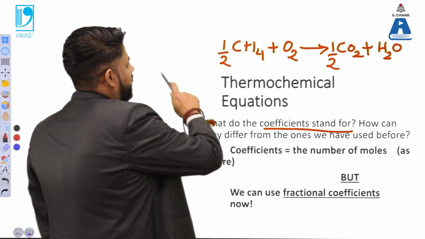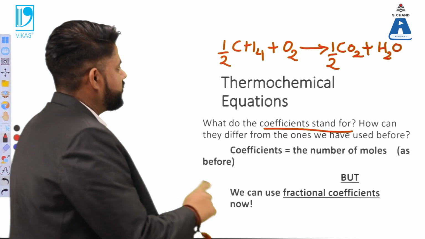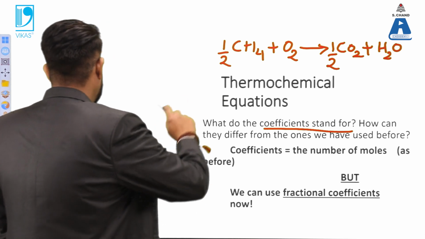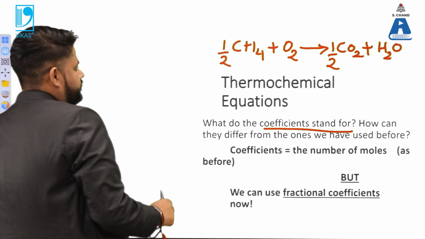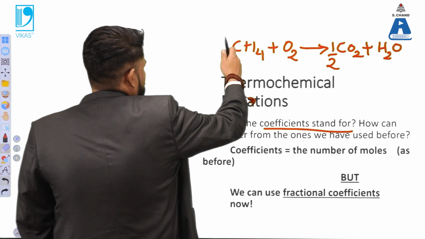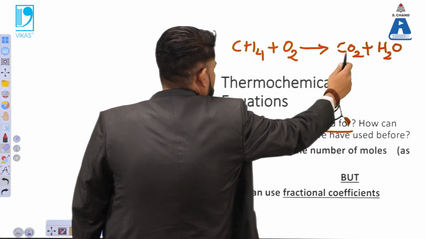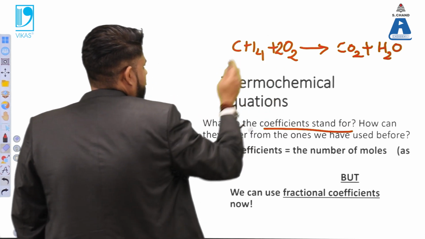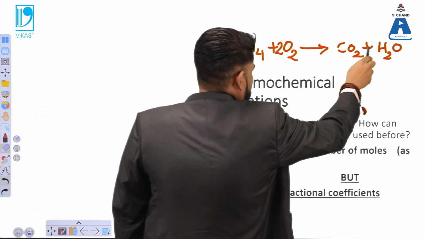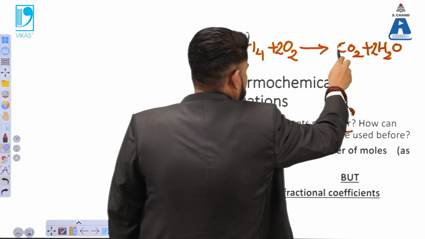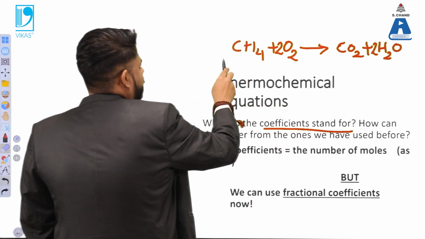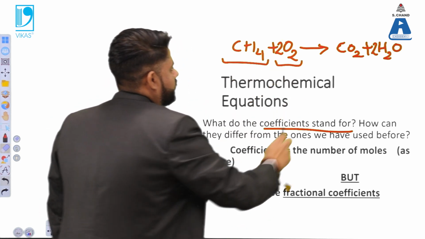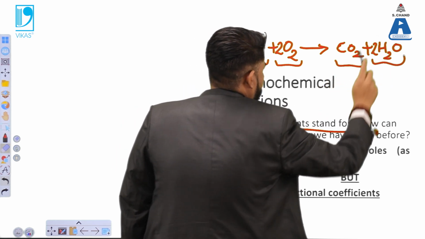Now, if I multiply the entire equation by 2 to remove the fractional value, you will get 1 here, 2 here, 1 here, and 2 here. So, you have the coefficient of this part as 1, this part as 2, this as 1, and this part as 2.